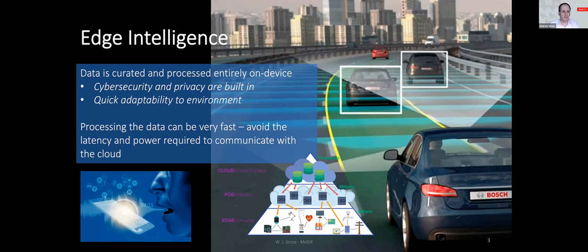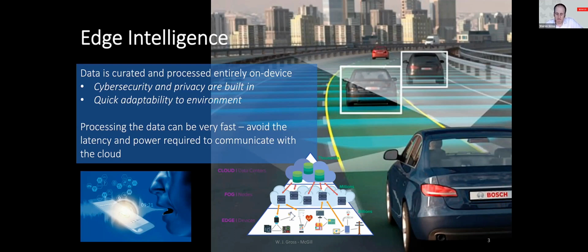The idea is that all your data is curated and processed entirely on the device. So a couple of very compelling reasons for this. First of all, if you keep your data only on the device and don't send it to the cloud, then cybersecurity and privacy are built right in. There may be commercial concerns or regulatory concerns that prevent you from sending data to the cloud.